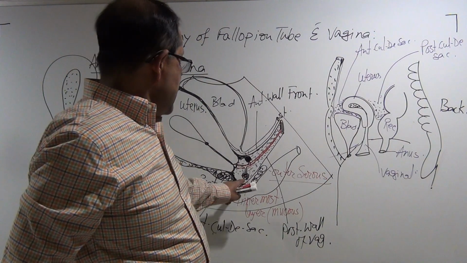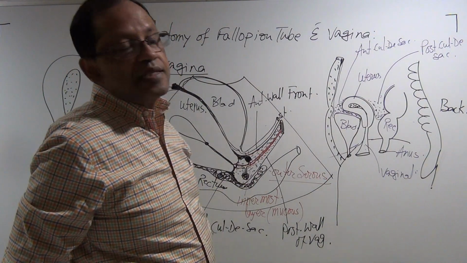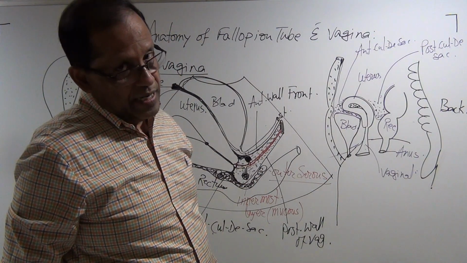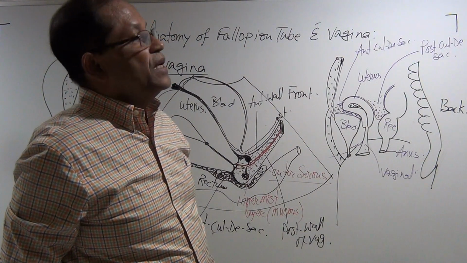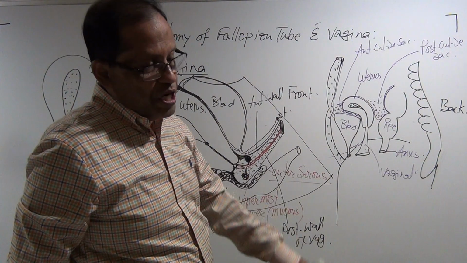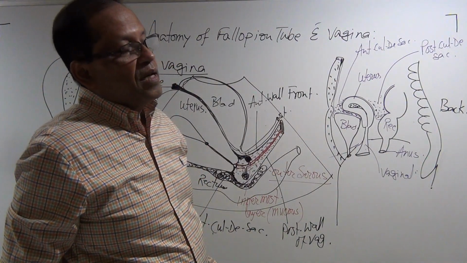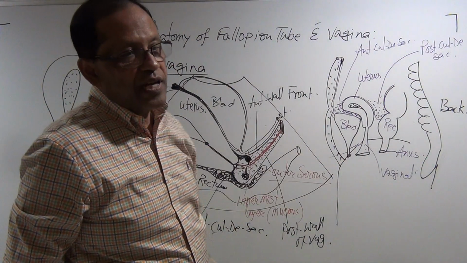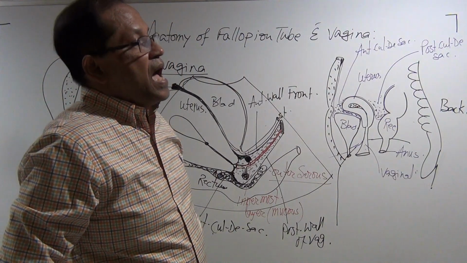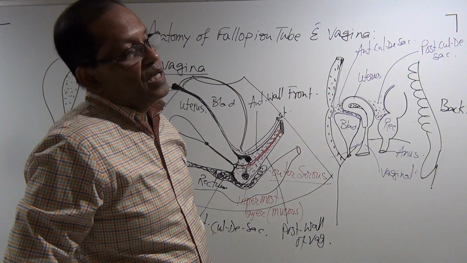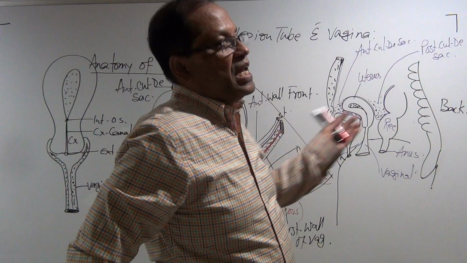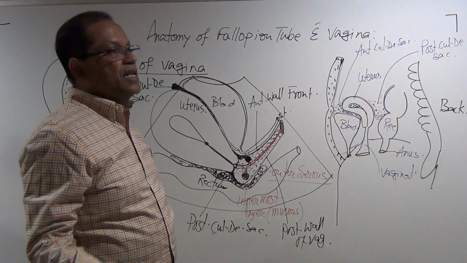Okay, and this kind of gland is located inside the vagina, and it causes moisturizing and lubrication during the act of biological activities, and also it causes natural discharge.